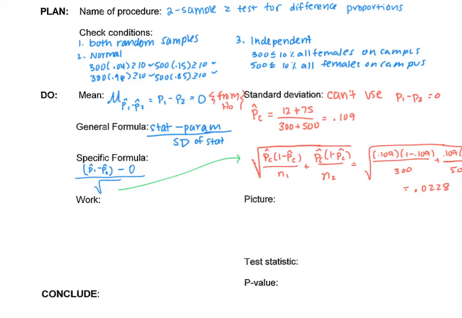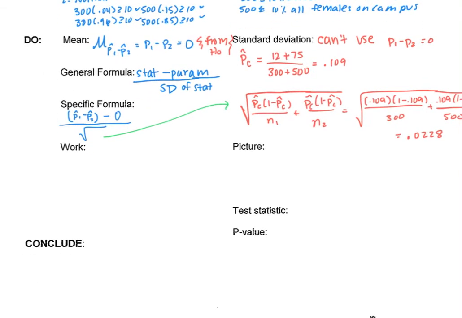So let's plug in all of our values. We have p hat 1 minus p hat 2, which was from the very top of your page, negative 0.11, minus 0, over the standard deviation we just got, 0.0228. And we end up with a test statistic of negative 4.83 when you type that into your calculator.